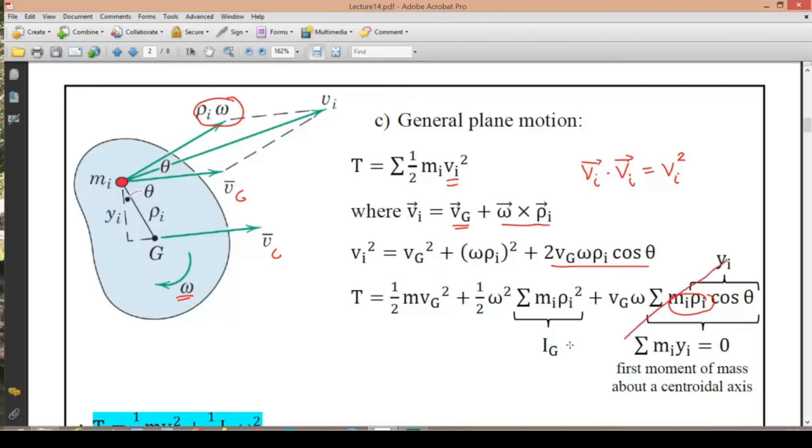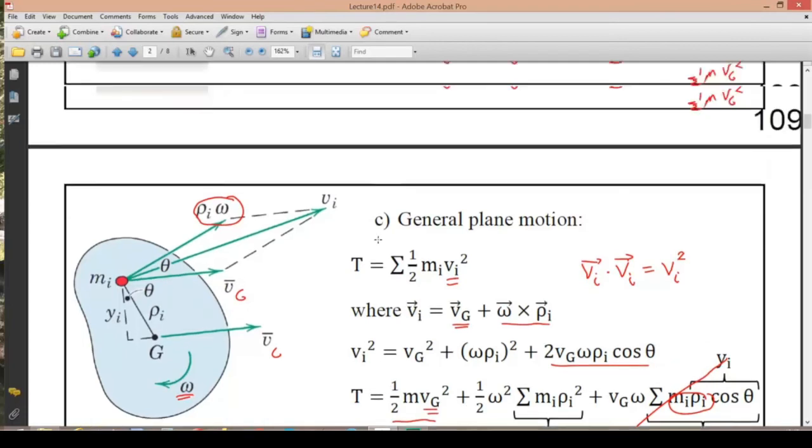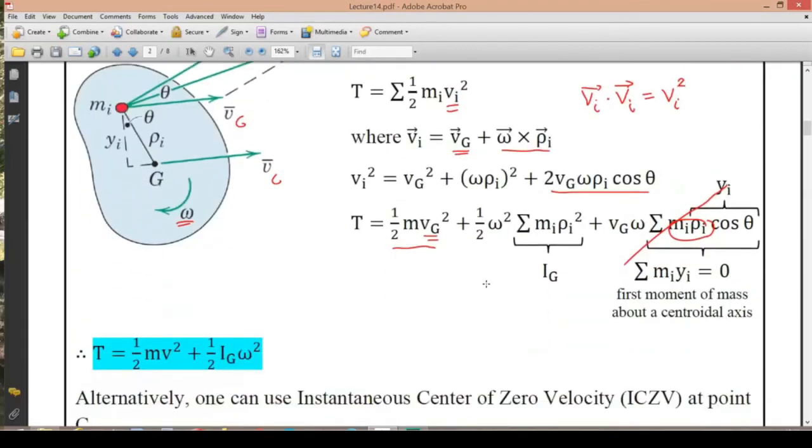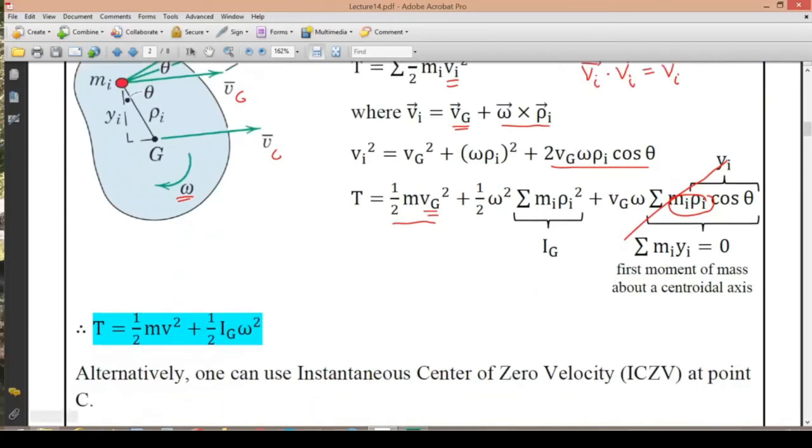So this last part cancels out, and the other parts is 1/2 m v squared, and this is the velocity of the mass center, plus I_g omega squared, which is exactly the same thing that I wrote here. 1/2 I_g omega squared plus 1/2 m V_g squared. So this is true for general plane motion as well.